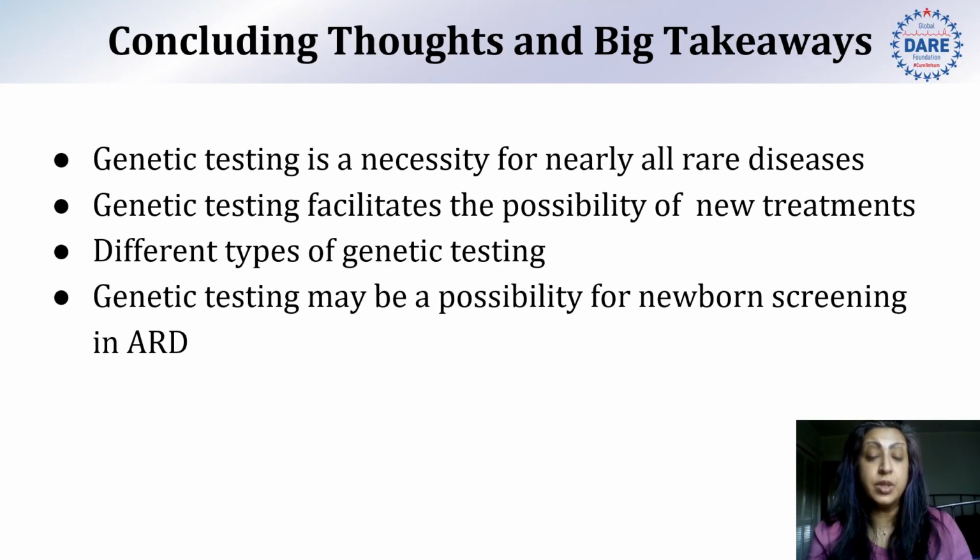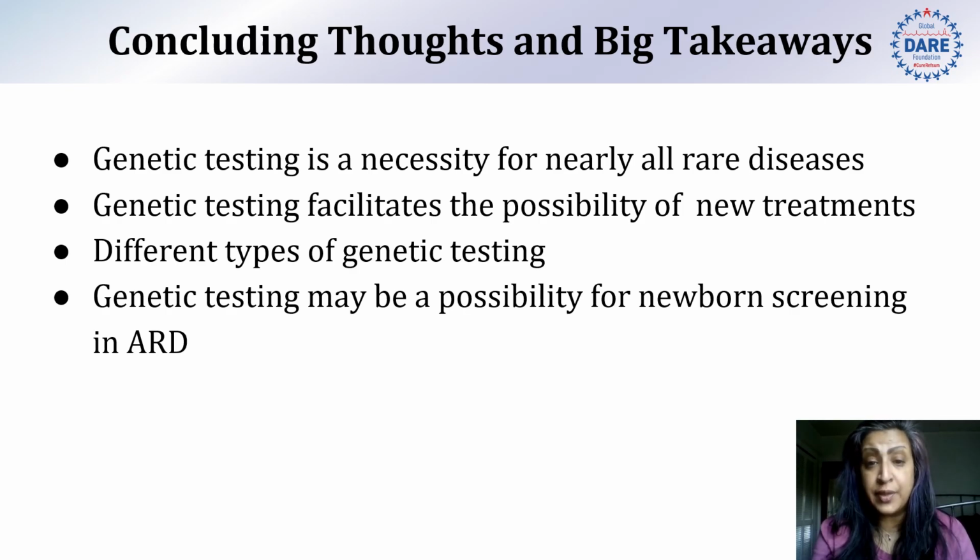So to conclude, genetic testing plays a critical role in diagnosing rare diseases like adult refsum disease and is often essential for guiding patient care. It not only improves the chances of early and accurate diagnosis, but also opens the door for more targeted and effective treatments.